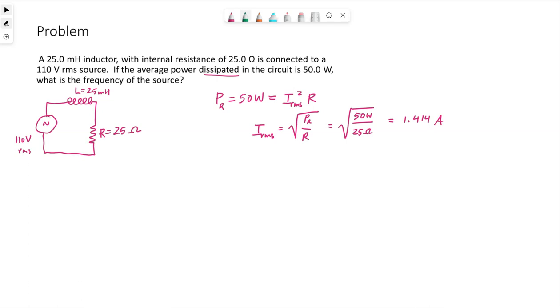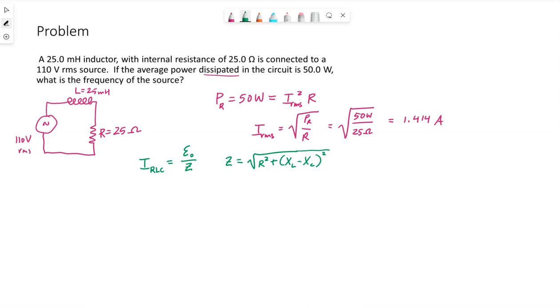We can relate this current to the source voltage. We know RLC, even though we don't have a C. Let's talk about that for a second. For an RLC circuit, the peak value of the current would be the maximum source voltage over Z. And Z is the square root of R squared plus the quantity XL minus XC squared.